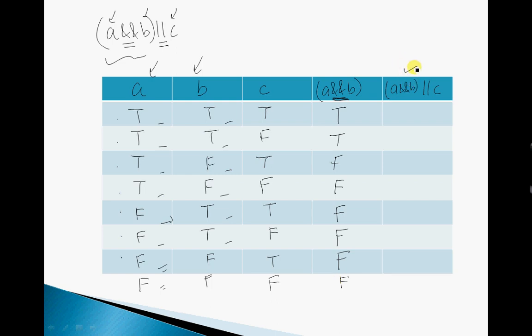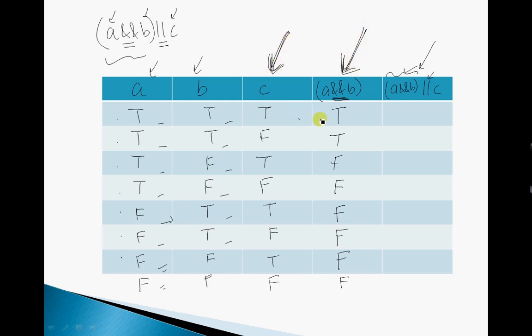So what about this? A and B or C. I already have the A and B column, right? By looking at this column, I do not have to look at A and B anymore. In order to fill in the values for this column, I only have to consider two columns, this column and this column. Okay? So I'm dealing with the OR operator. I just have to OR the third column and the fourth column.